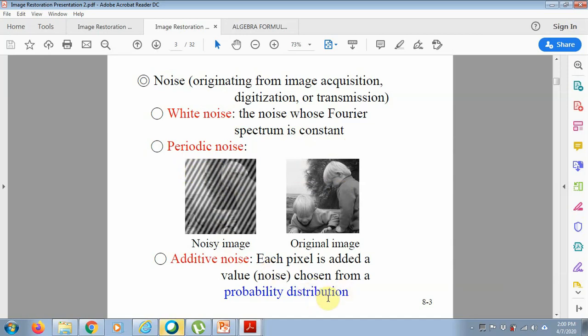Now, what is the probability distribution? Probability distribution means we are considering the histogram of an input image. Suppose the image contains the pixel value 3 a hundred times, then the histogram you draw on your graph paper will be 100 on the y-axis.